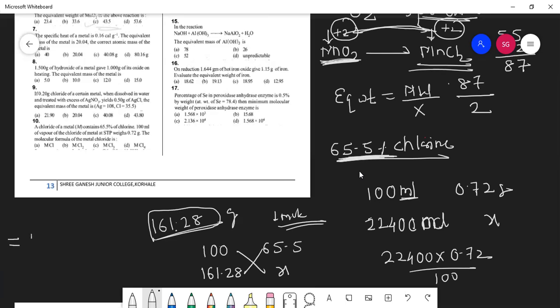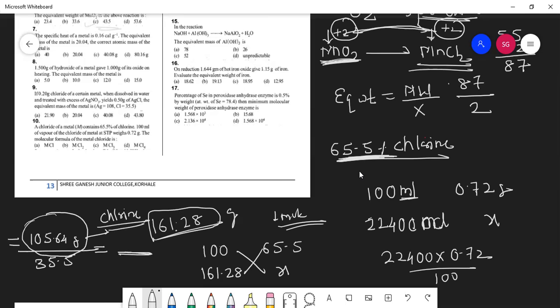This is the answer, this much chlorine is present, the weight of all the chlorine. Students, 1 chlorine means how much in grams? 35.5.